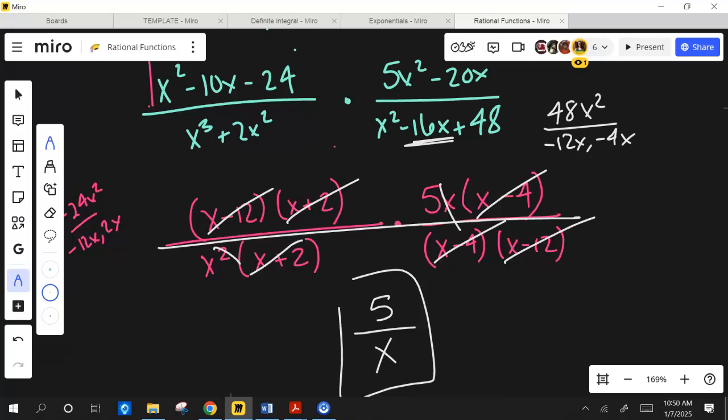Say that again now, the what? So it's this X. Well, it was here, but it canceled with this because there were 2 X's in the bottom.